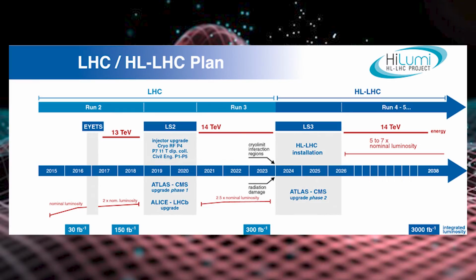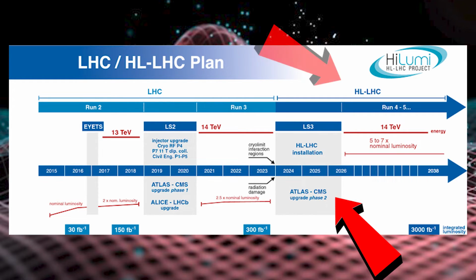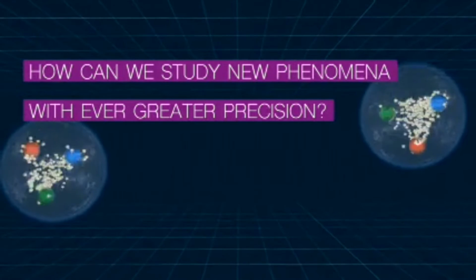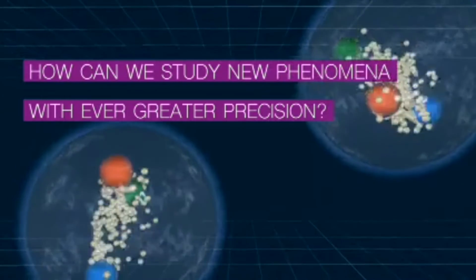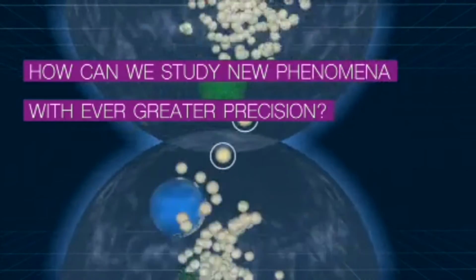In the longer term, in the next couple of years, the Large Hadron Collider will enter a long shutdown phase and will be upgraded to the High Luminosity LHC, HL-LHC. In the 2030s, the LHC will produce even more proton collision data at slightly higher energy and at an accelerated rate.